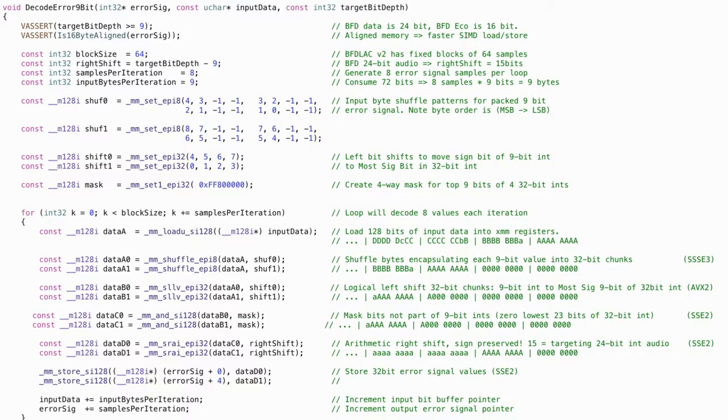Is this going to help in the slightest? Where is my favorite new instruction? Oh, I'm not allowed to. I've got to stay here. Sorry, people on the internet. I've lost it. AVX2. Yeah, somewhere around about here. The variable logic bit shifts.